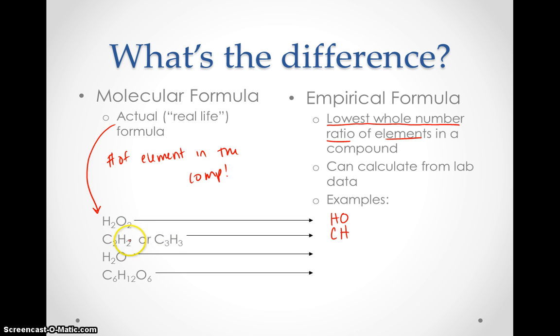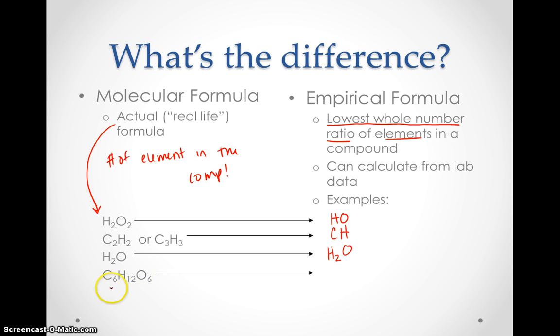This one I can divide them both by 2. This one I can divide them both by 3. Now if we look at this guy here, he should be familiar to you. This is water, H2O. If we look at this compound, he can't be reduced any further. So his molecular formula and his empirical formula are going to be the same. So it is possible to have something that cannot be reduced down any further.